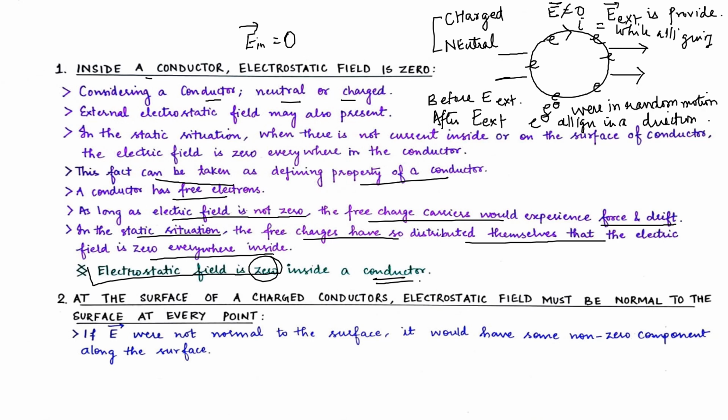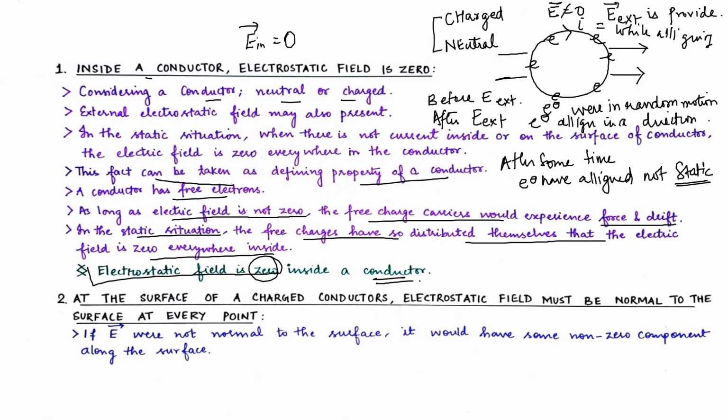Now after some time, what happens? Electrons have aligned. Now everything is static. So once they are static, there is no flow of current.